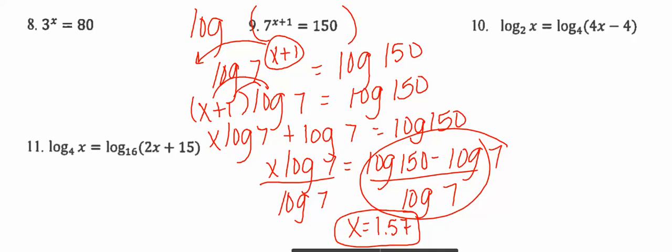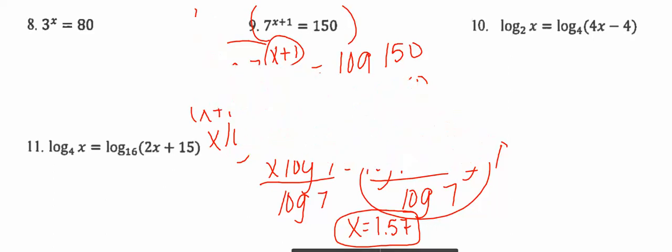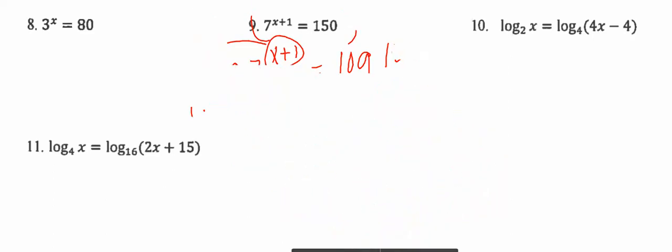Now, when I have logs and their bases aren't the same, so log base 2, log base 4, here's where I have to use the change of base formula. So I'm going to just real quickly review what the change of base formula is. I'm just going to write it over here.